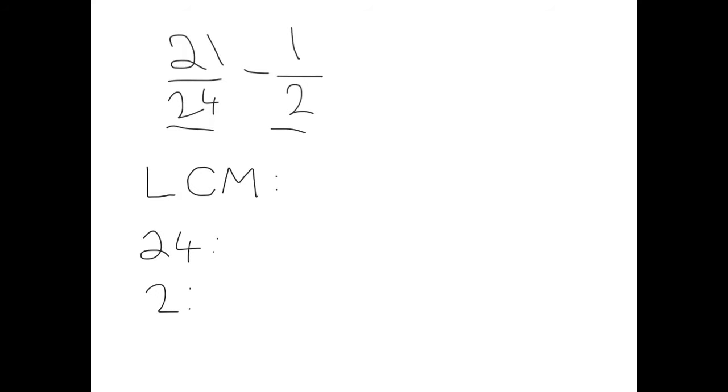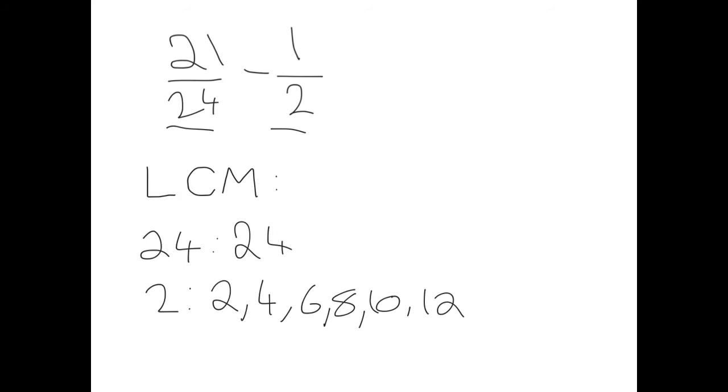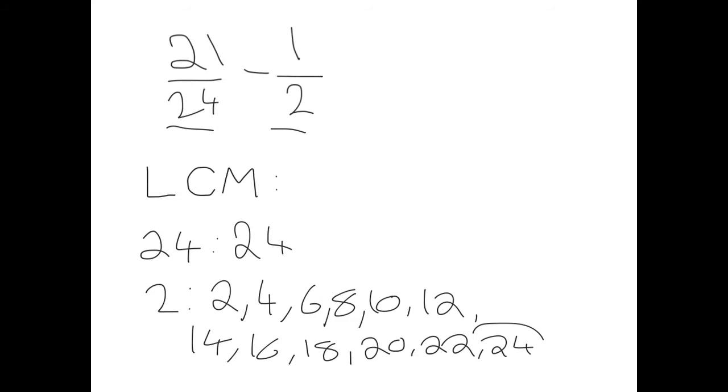And so the bigger number, and of course 2 is going to 24, so it's 2, 4, 6, 8, 10, 12, 14, 16, 18, 20, 22, and 24. There we go. So our least common multiple is 24.